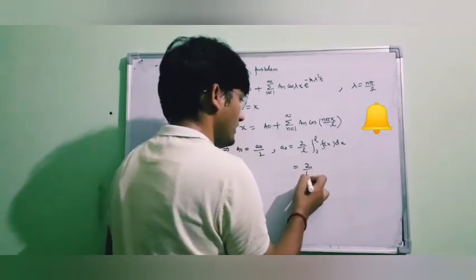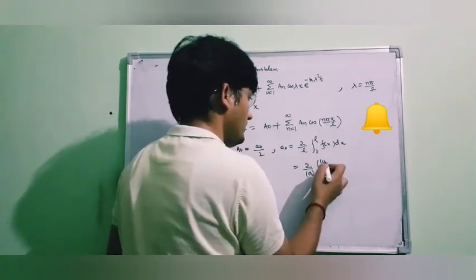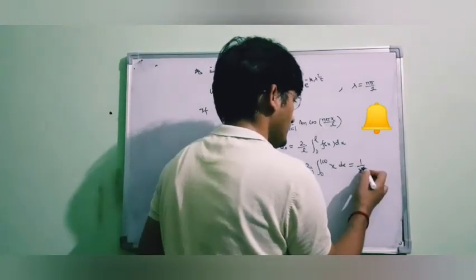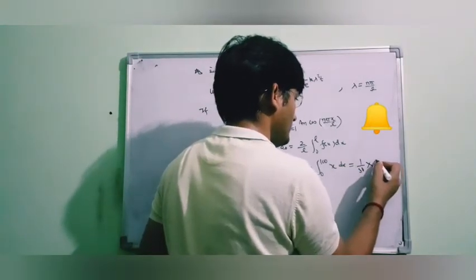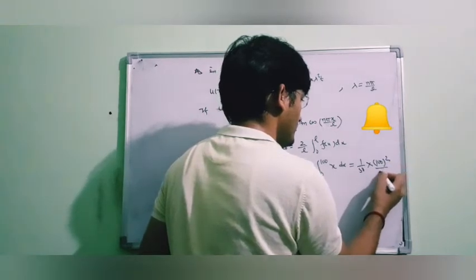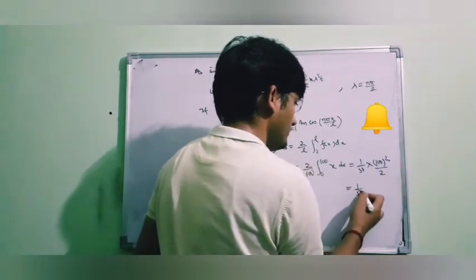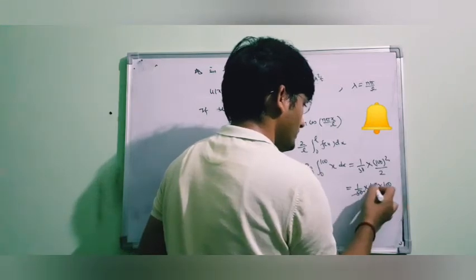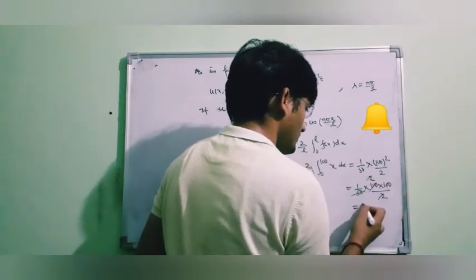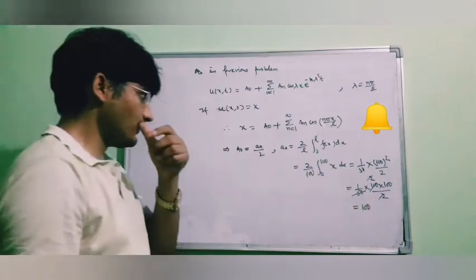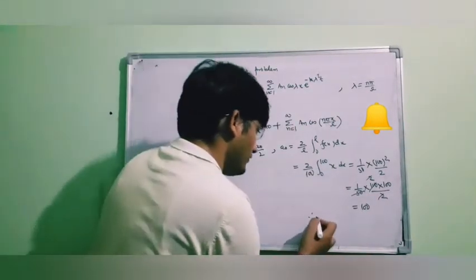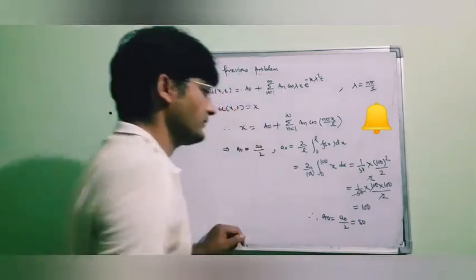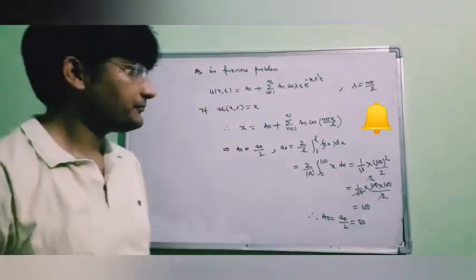The length of the bar is 100, so this will be the integral from 0 to 100 of x dx, and the integration of x is x square by 2, so 100 into 100 divided by 2. So a naught is 100, therefore capital A naught will be a naught by 2, which is 50.